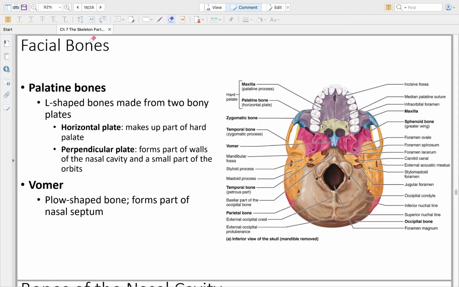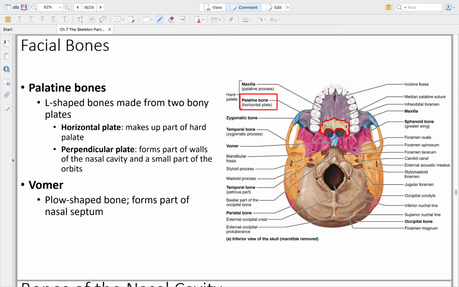Okay, so we've seen the palatine bone. So this is a refresher. And it makes up, there's two, of course. They articulate together in this light green, and they help form the hard palate.